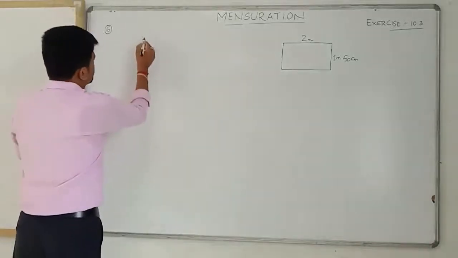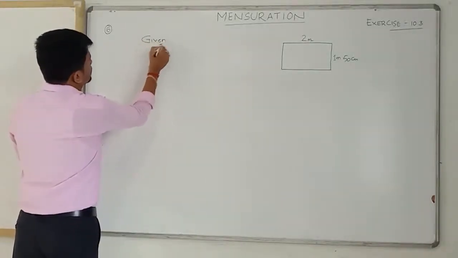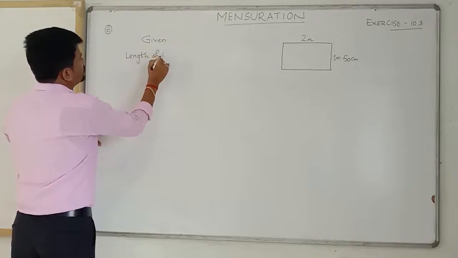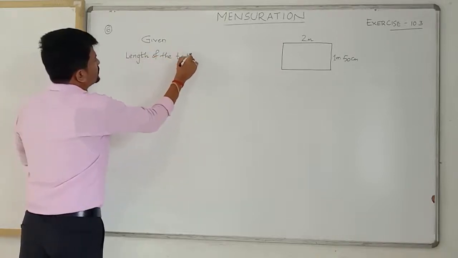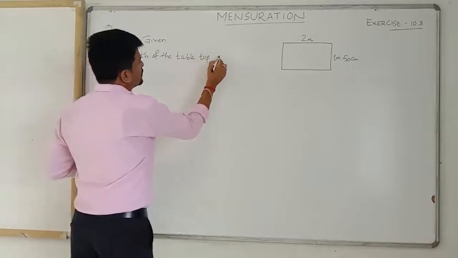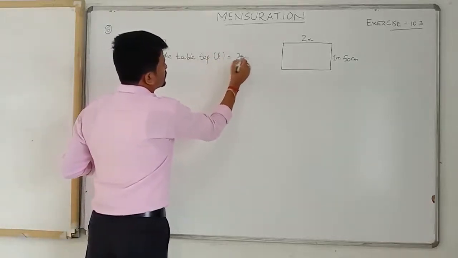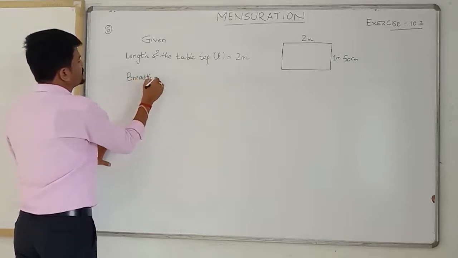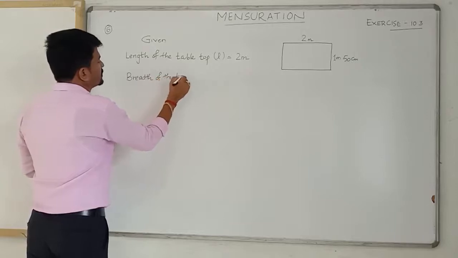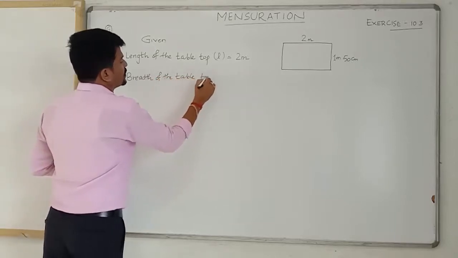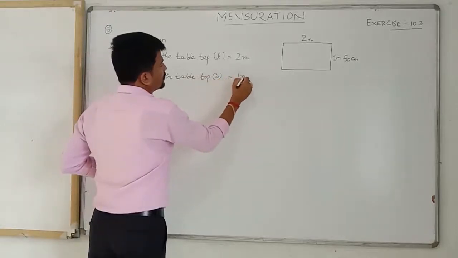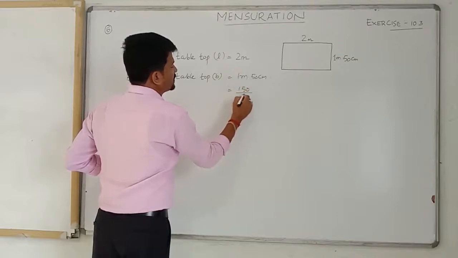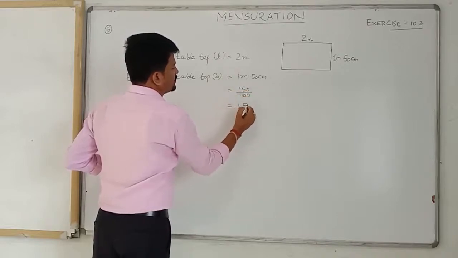Okay. Now given, length of the tabletop is two meters, breadth of the tabletop is 1 meter 50 centimeters, that implies 150 by 100, that implies 1.5 meters.